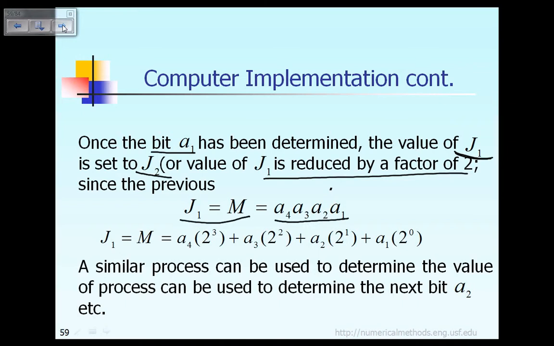Then, after you figure out A1, you can use the same procedure to obtain the next bit, A2, and then after that you can calculate A3 and A4, using the same procedure as the one you used to calculate A1.